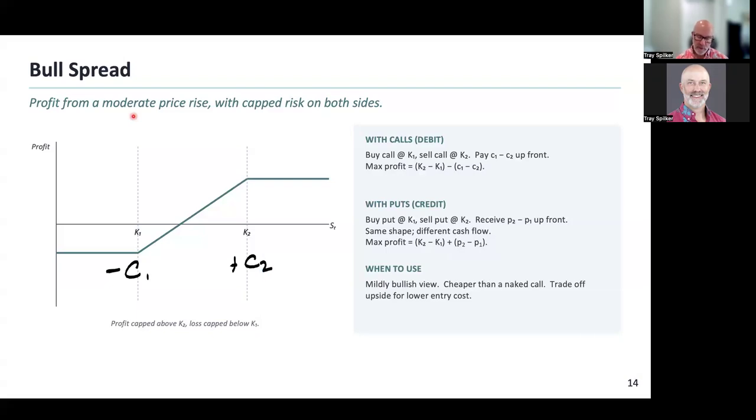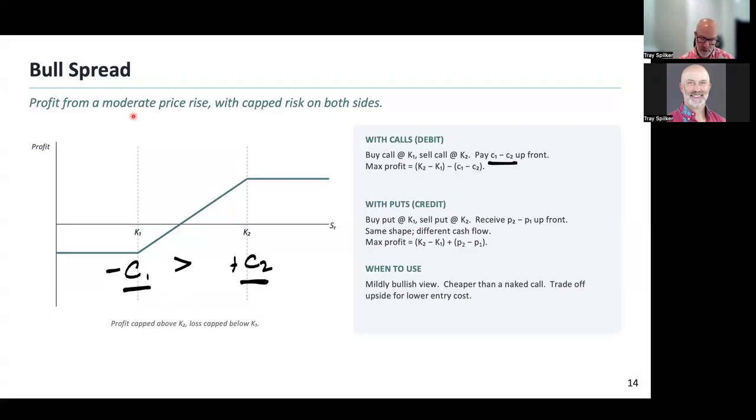The net difference between these is going to be negative for us because a call premium at a lower strike price is going to be greater than the call premium at a higher strike price. So we'll end up paying the difference between the two up front.